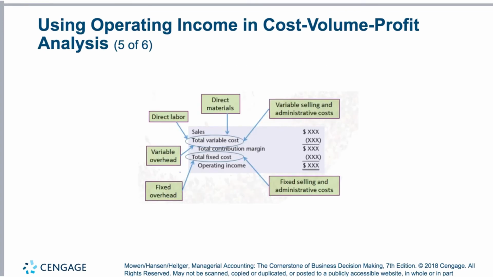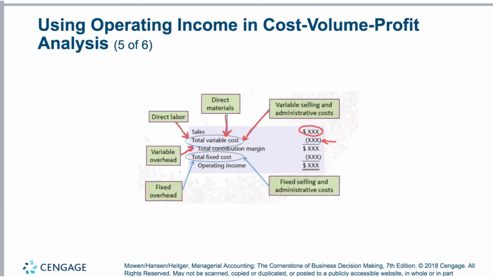So here's a strange little example of a contribution margin income statement. We have our sales here, right, and then our total variable cost here, and in the total variable cost go direct materials, direct labor, variable overhead, and variable selling and administrative expenses.